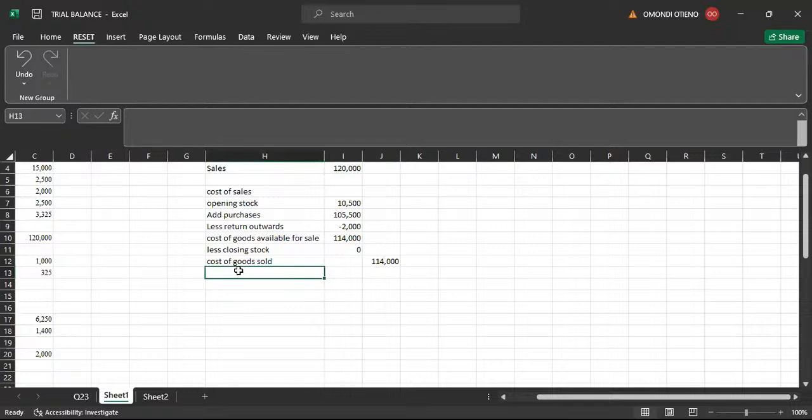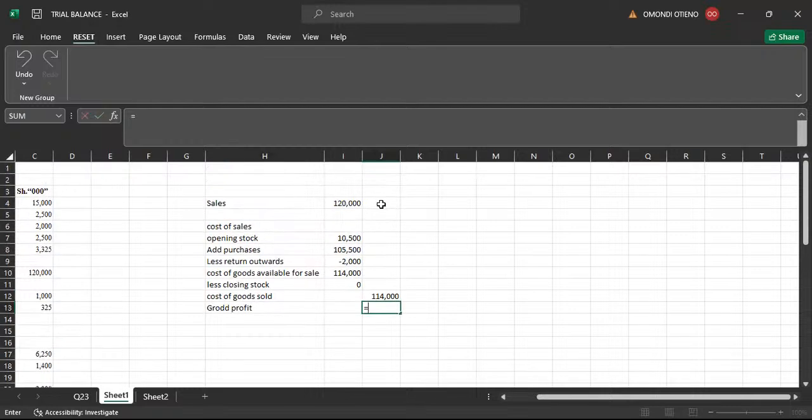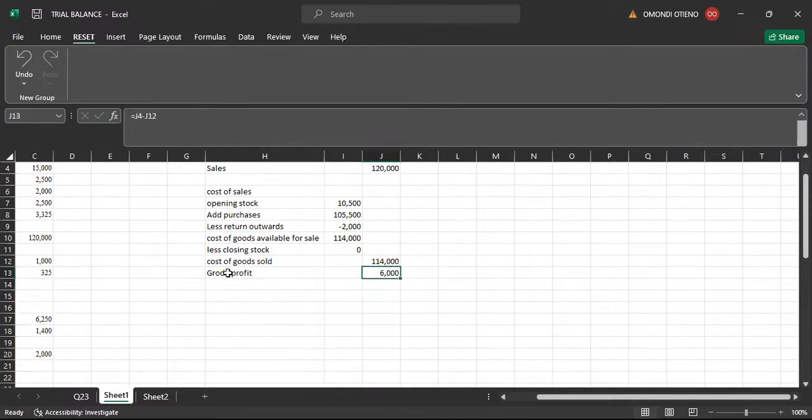From there, when I get the difference, I'll get what we call gross profit. So gross profit is equal to sales minus cost of goods sold. It is giving me gross profit. But gross profit margin, what have I said that gross profit margin formula is?